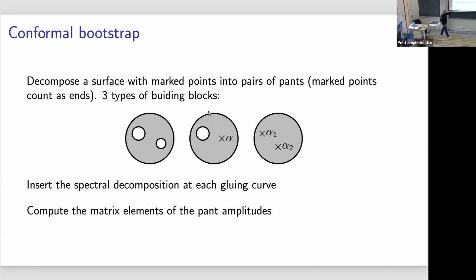The procedure is you decompose your surface into pairs of points, and you get building blocks like this. These will be glued together, and at each gluing pair, you will insert the spectral decomposition. So if you see these as operators, you will just have to compute the matrix elements of these when evaluated at the states in the spectral decomposition.